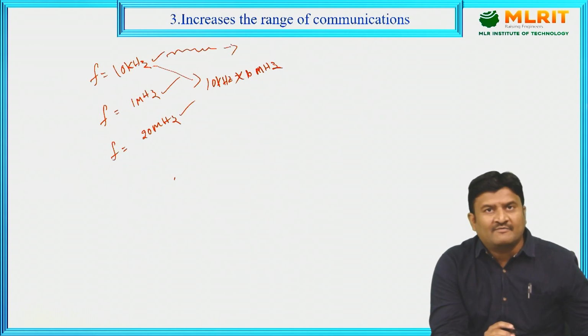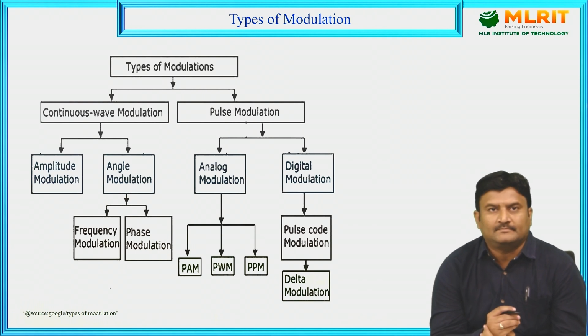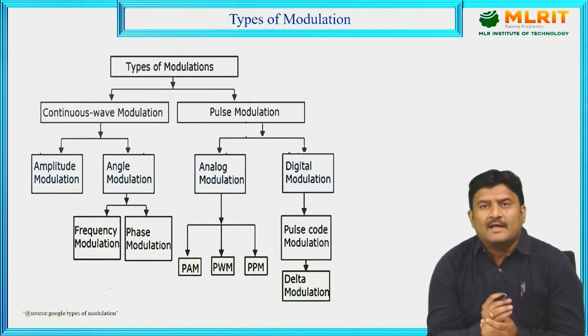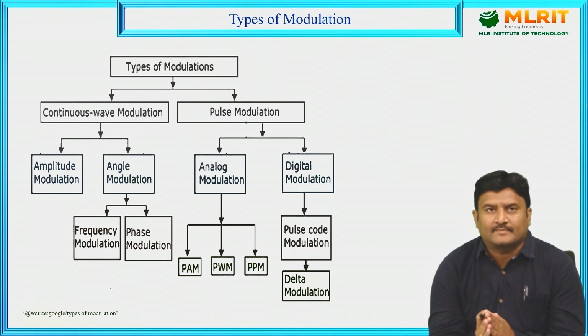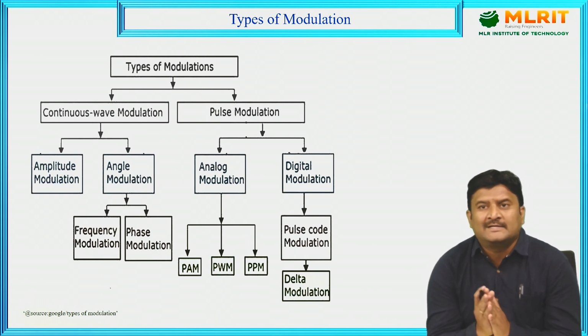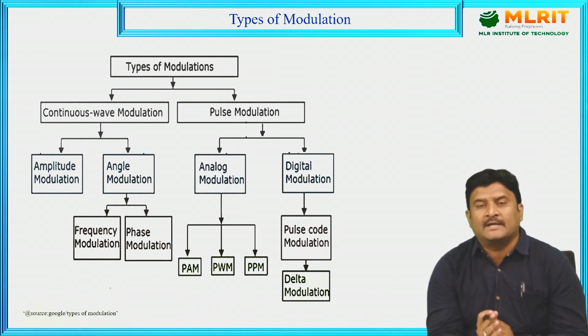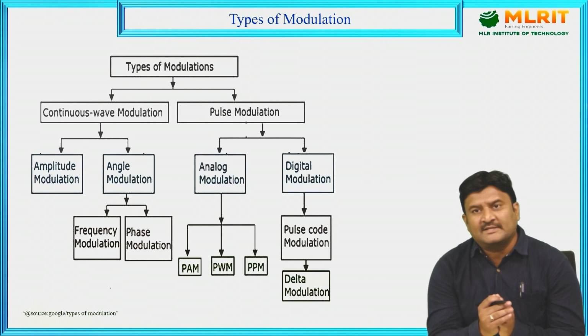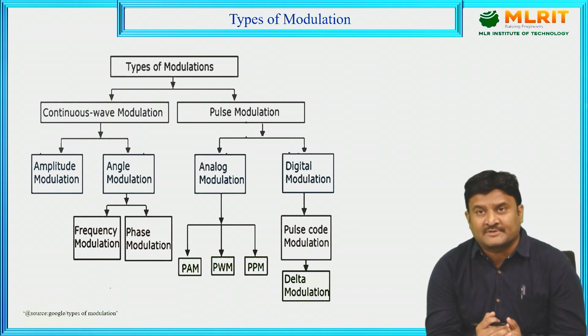Then after that we go for the next concept, types of modulation. Basically, analog modulation techniques and digital modulation techniques, with respect to the message signal. If the message signal is continuous, it is analog. If the message signal is in digital form, it is digital modulation, and also based on the carrier shapes.